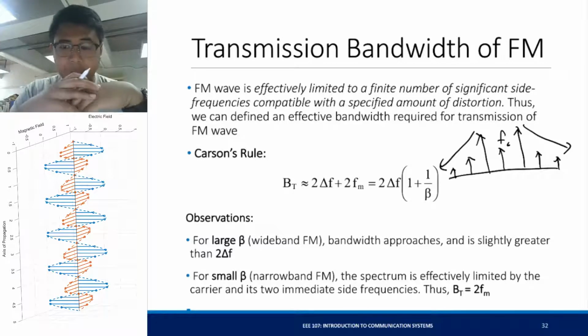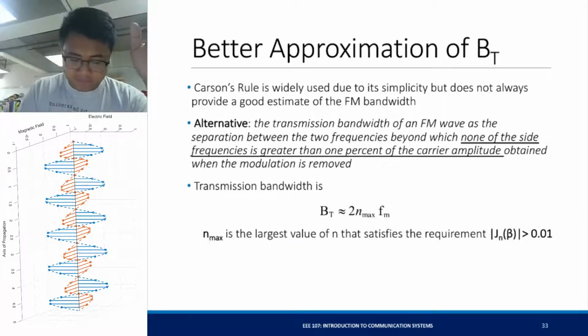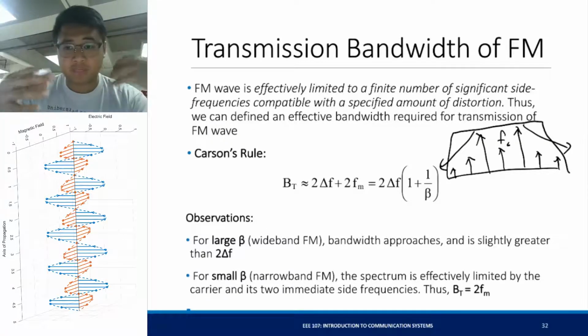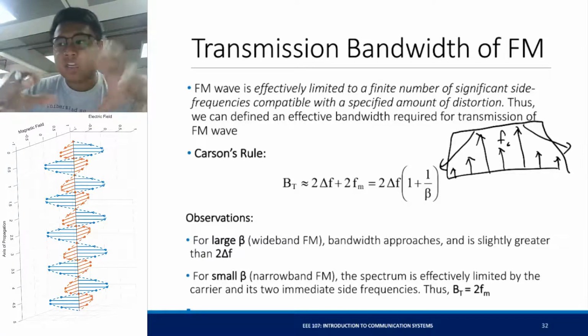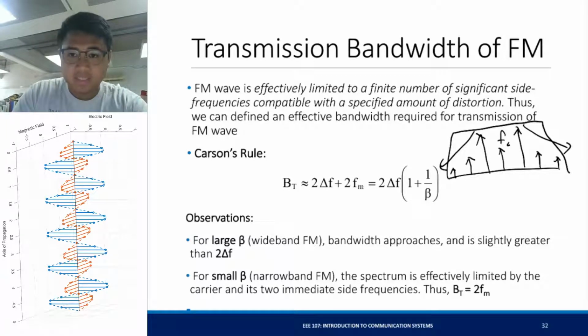If we remove those insignificant side lobes and transmit just this part of the spectrum, we can transmit an FM wave with minimal distortion. Effectively, we have a bandwidth that we can use to transmit an FM wave. We can approximate that bandwidth.